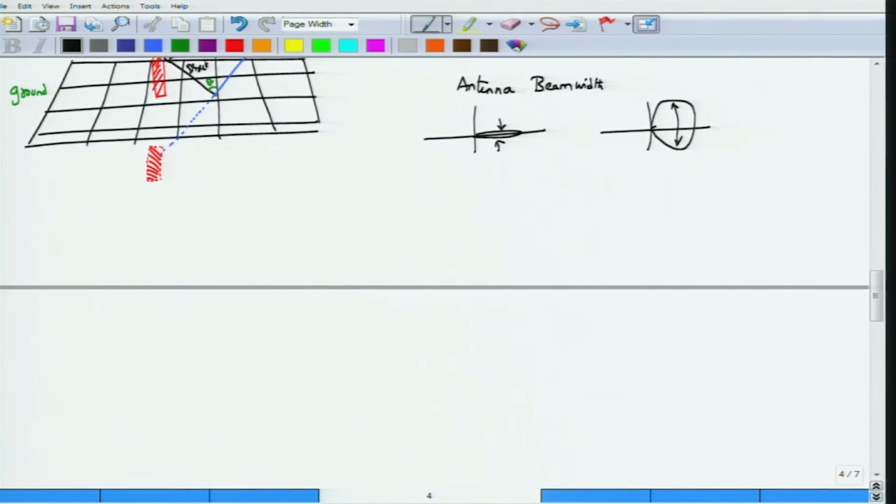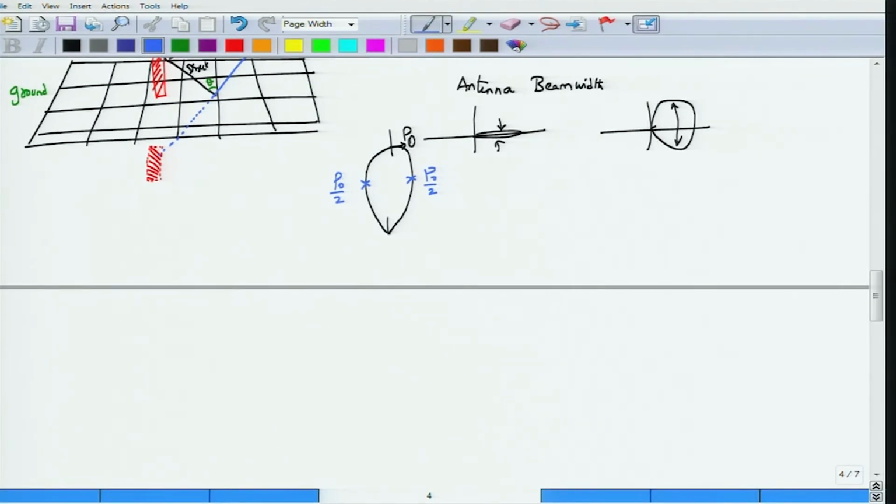Beam width is defined in a very similar way to bandwidth. If this is the antenna pattern along a particular direction, we look at the power that is here. Call this P0, that would be the maximum power that could be radiated away from the antenna. Then we mark 2 points. At these points the power is only half compared to the maximum power P0.